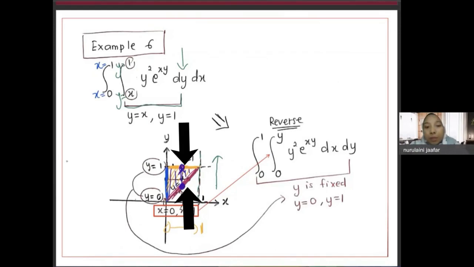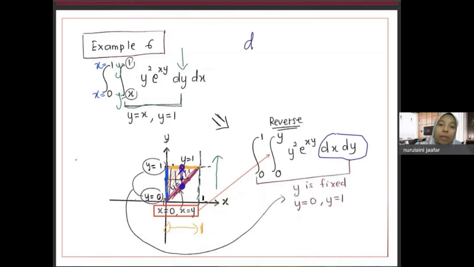Now, the question asks you to change the order of integration to dx dy. But class, you have to remember that the region is still the same. You just have to change the order.